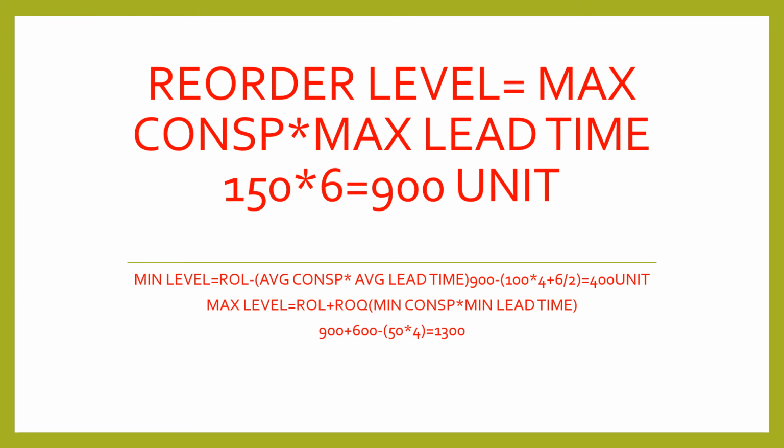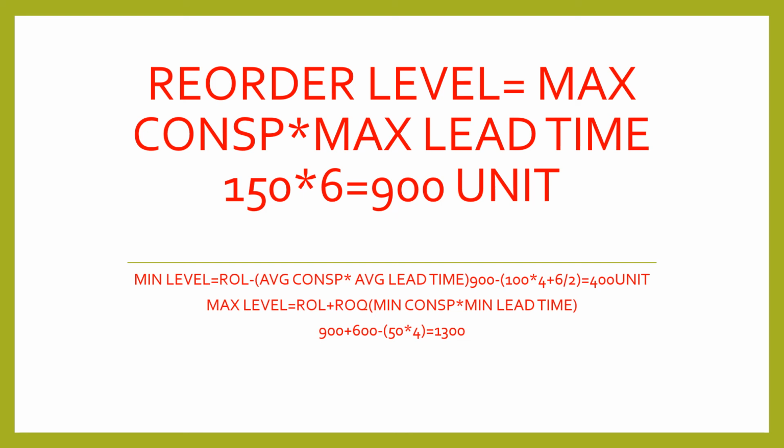Minimum level. What is the formula of minimum level? Minimum level equals reorder level minus average consumption into average lead time. The reorder level we got in the first stage is 900 units. So 900 minus average consumption, which was given as 100, into average lead time.